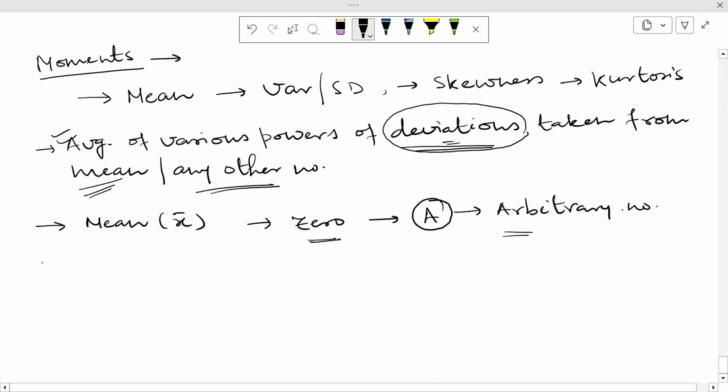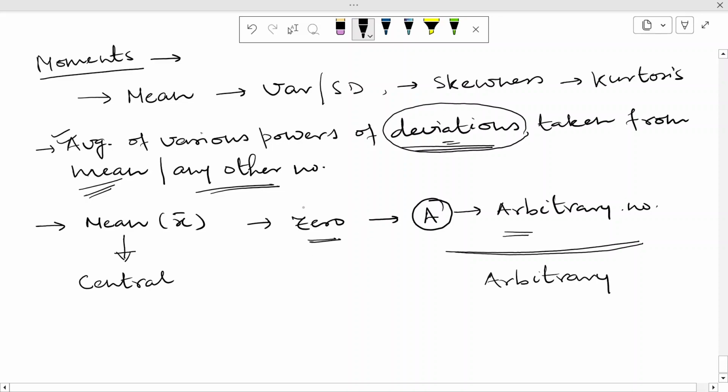So in general, let us first classify the moments. When you are calculating the moments about the exact mean, we call these moments central moments. When we are calculating the moments about the number a, we call these moments arbitrary moments.